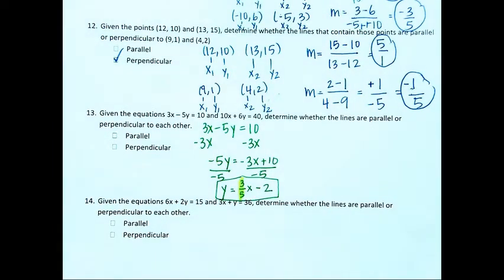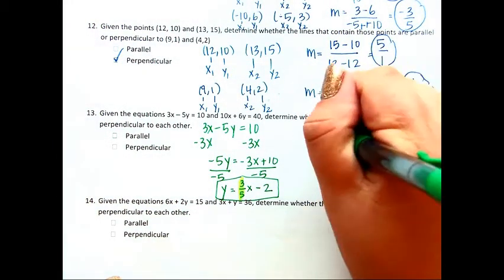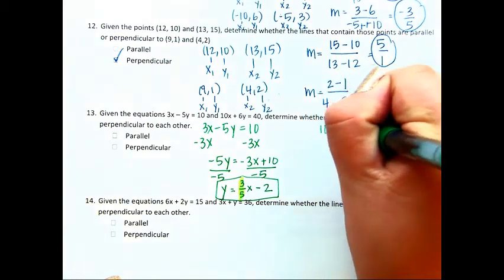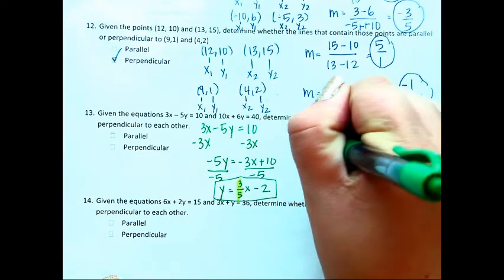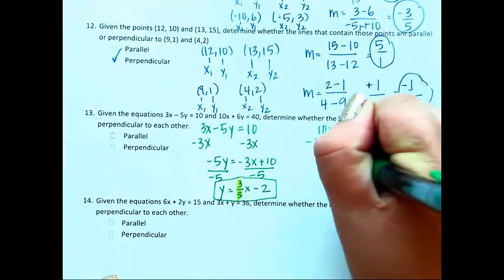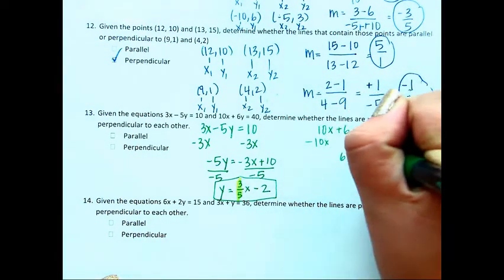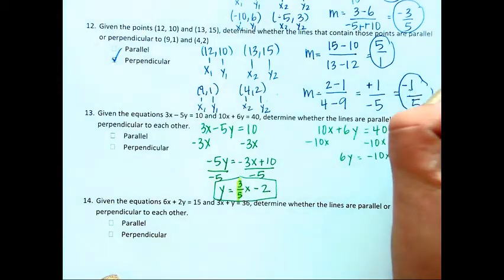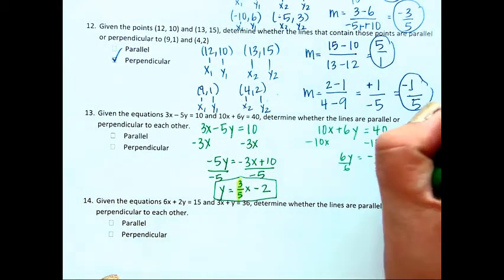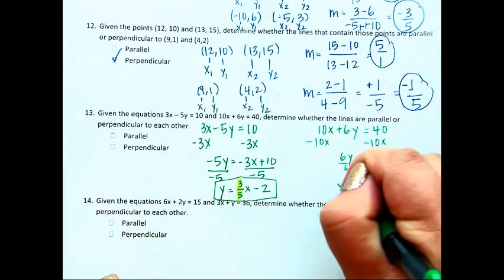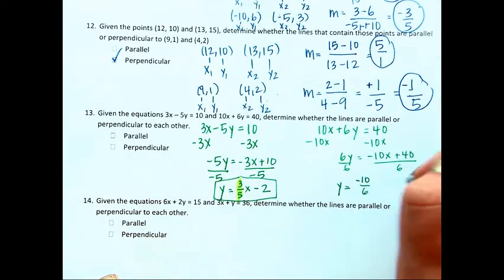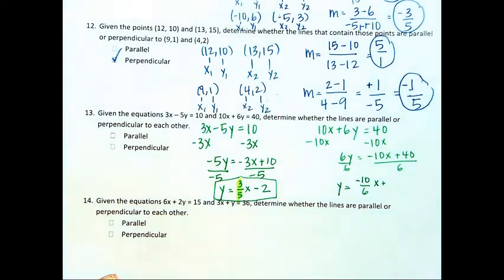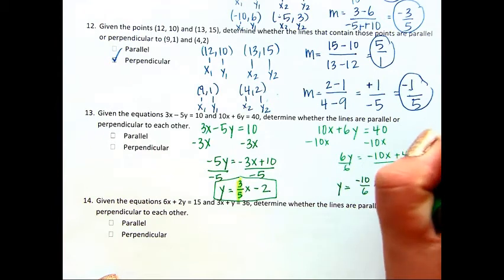So now I'm going to do the same thing to the other equation. 10x plus 6y equals 40. Subtract 10x from both sides. 6y equals minus 10x plus 40. Divide by 6. We end up with y equals negative 10 over 6x, and then 40 divided by 6, I don't really care. All I care about is that slope.